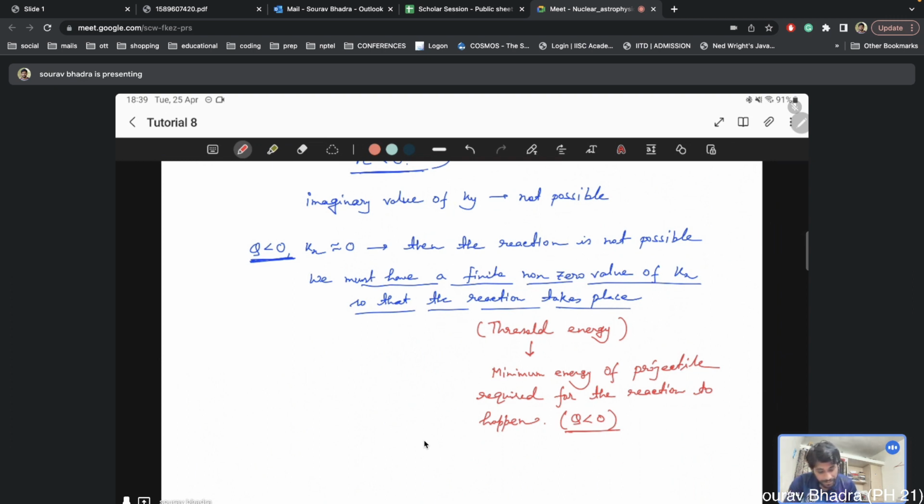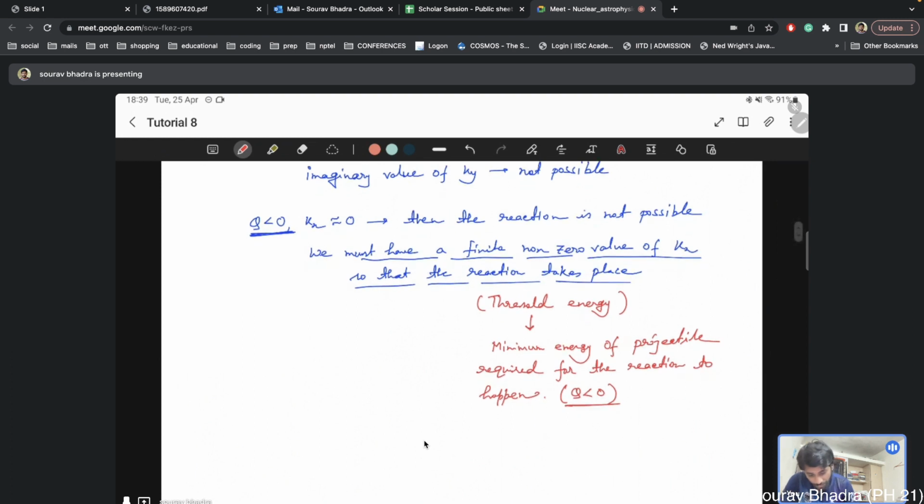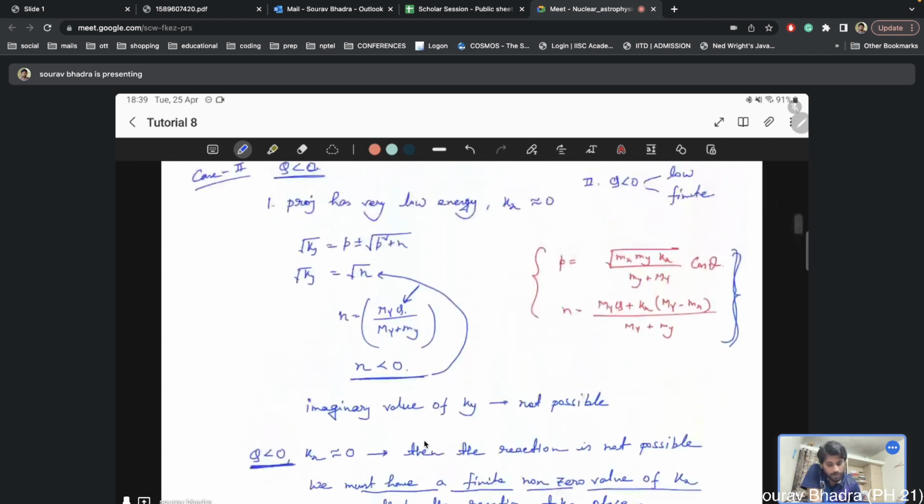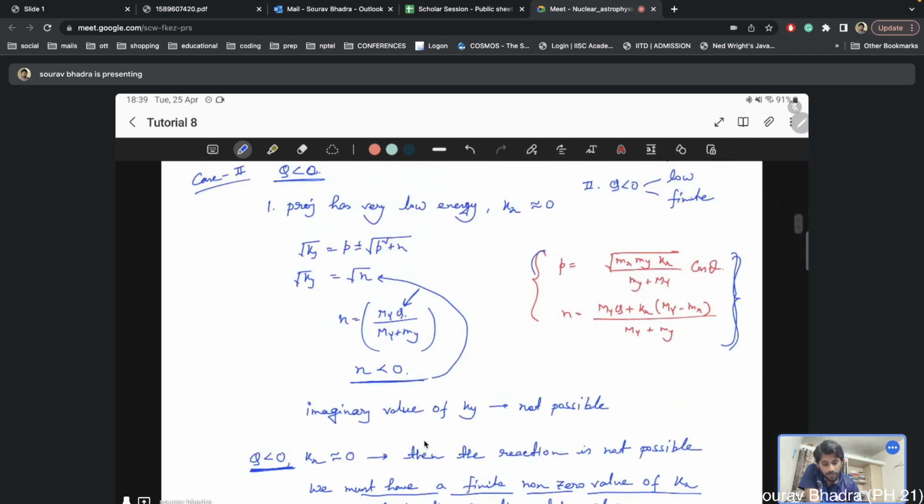This threshold energy can be calculated by a criterion, that is p square plus n equals 0. This is the criterion of threshold energy, and you know what p and n are, we have already done it.